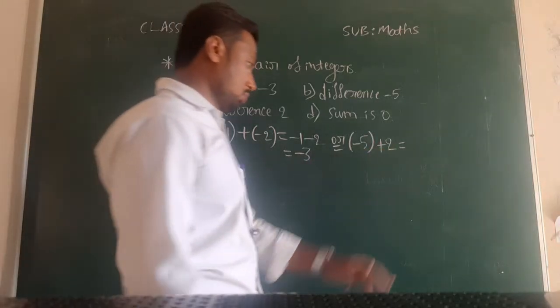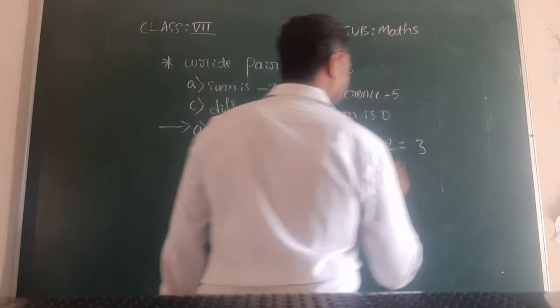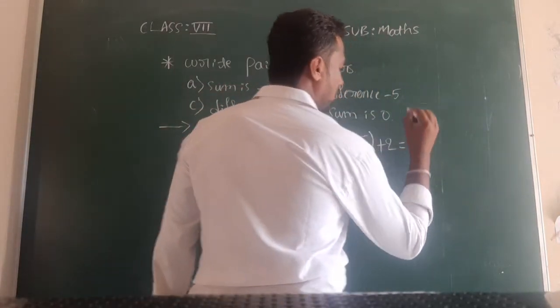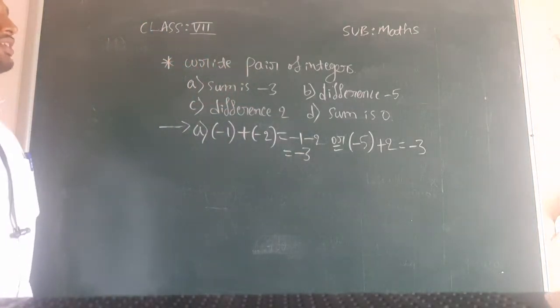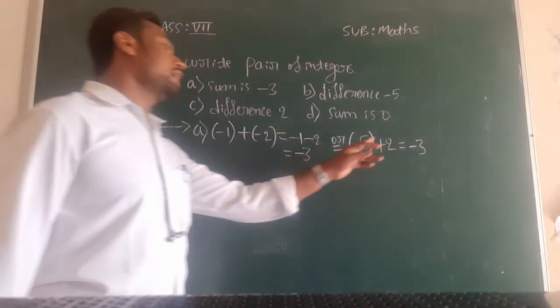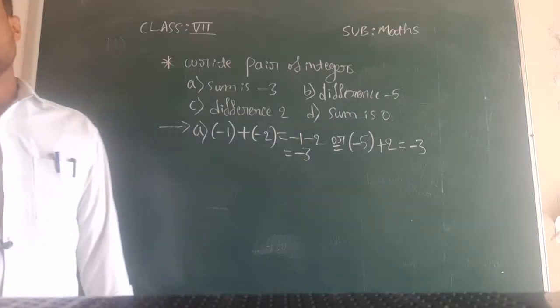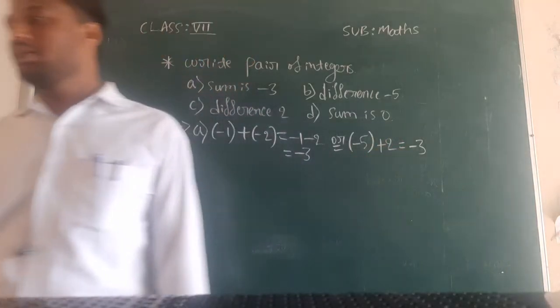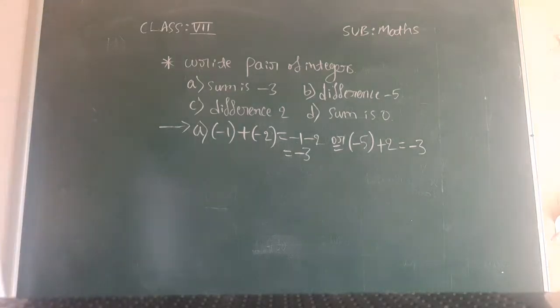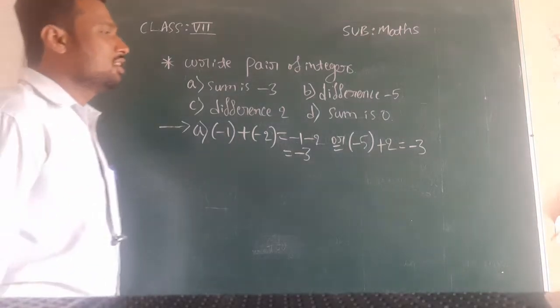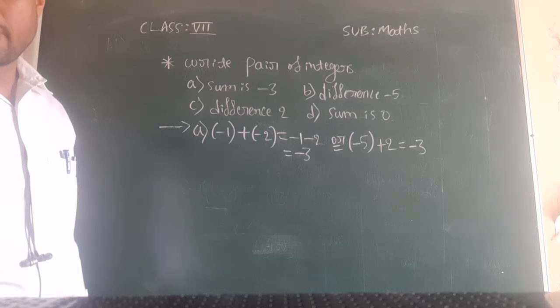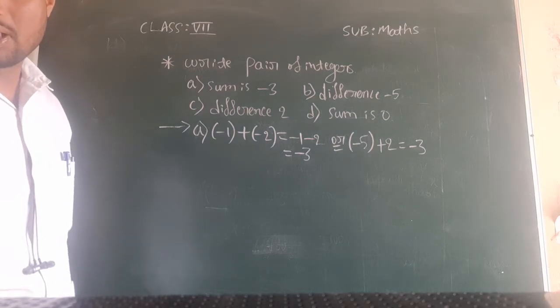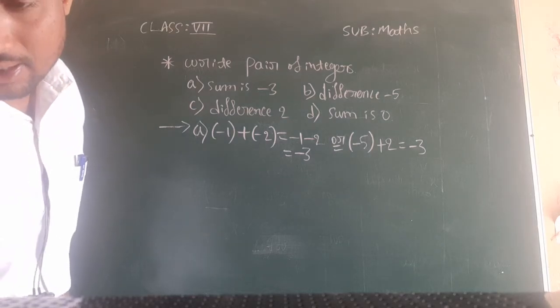So 5 minus 2 is 3, sign in front of bigger value is minus. So we got minus 3 only. So minus 5 and plus 2, these two are integers to get the sum as minus 3. This is also given in the textbook. And one more value I can tell: like this only you can tell so many values to get minus 3 as the answer.